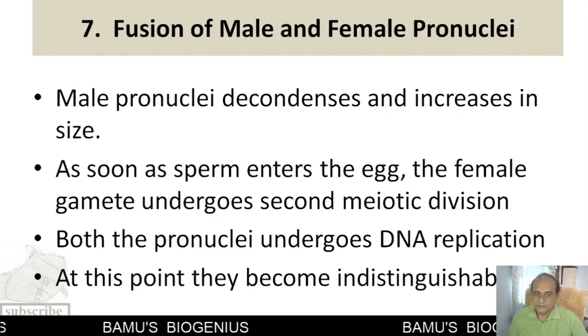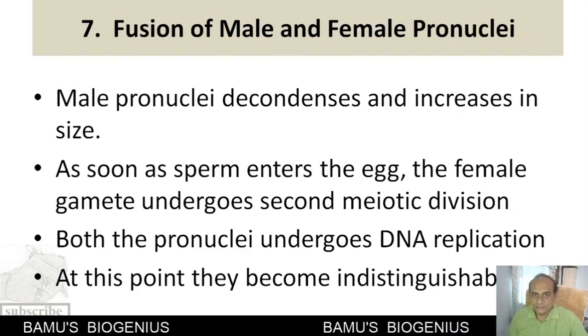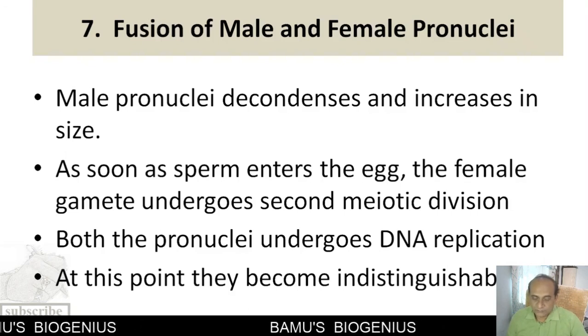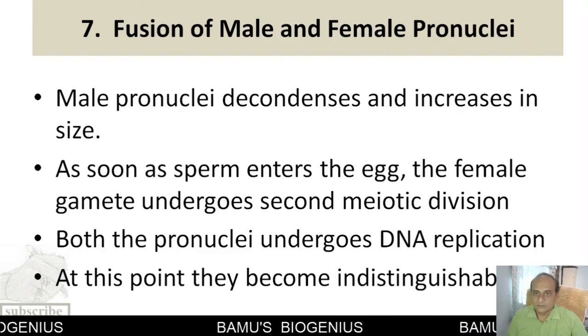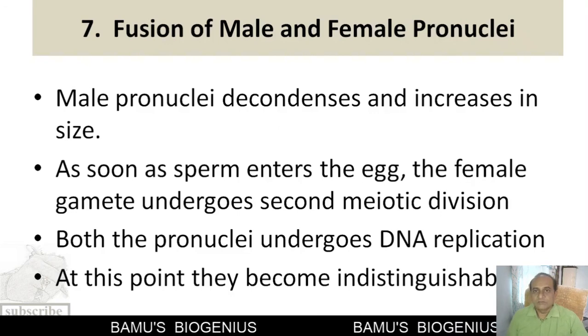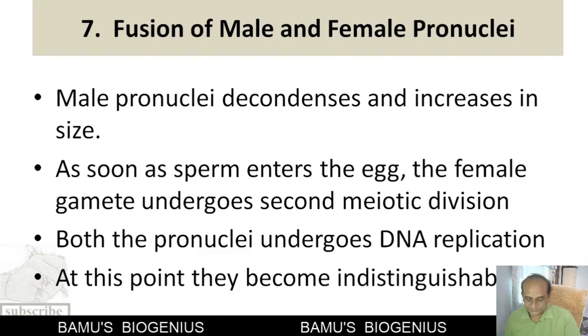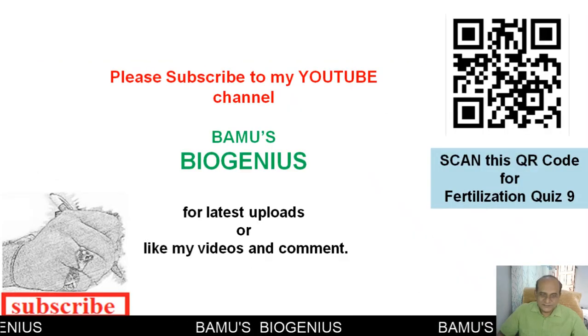At this point, they become indistinguishable, and the centriole inserted by the sperm inside the female cytoplasm helps in the formation of the zygote, which is capable of division. So this is how fertilization is accomplished. So this is all about fertilization.